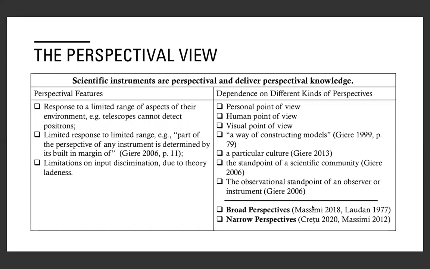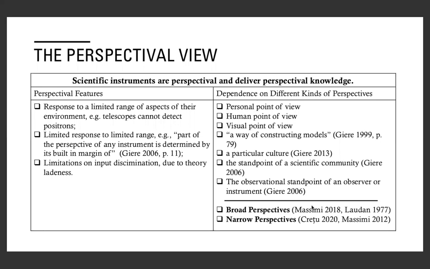A third kind of feature of perspectival instruments that Giere identifies is limitations on input discriminations, and I believe that these limitations have to do with theory-ladenness and can lead to problematic challenges, which I will talk about, hopefully, if I have time towards the end of the talk. So, as I said, there are two different ways in which we can understand the claim that instruments are perspectival.